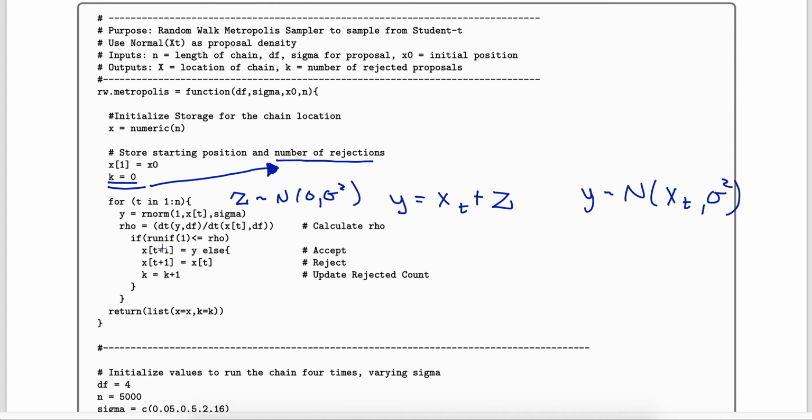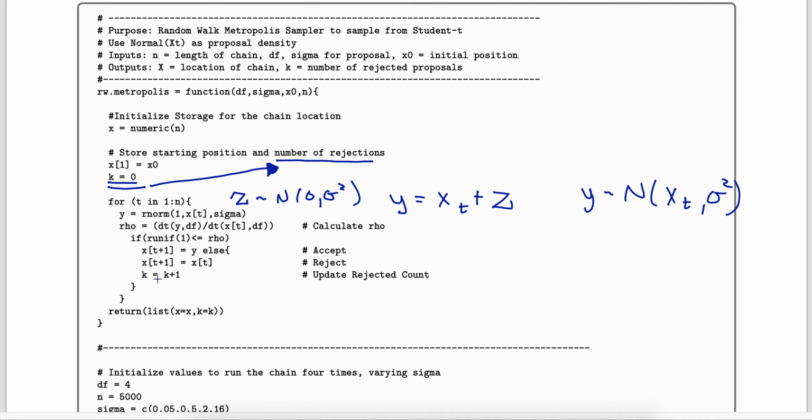And we have that check: with probability rho, I'm going to update xt plus 1, my current position, to where my proposed value is. Otherwise, with probability 1 minus rho, I'm going to stay where we currently are. And in this case, we're going to update our counter for how many rejections we've had.